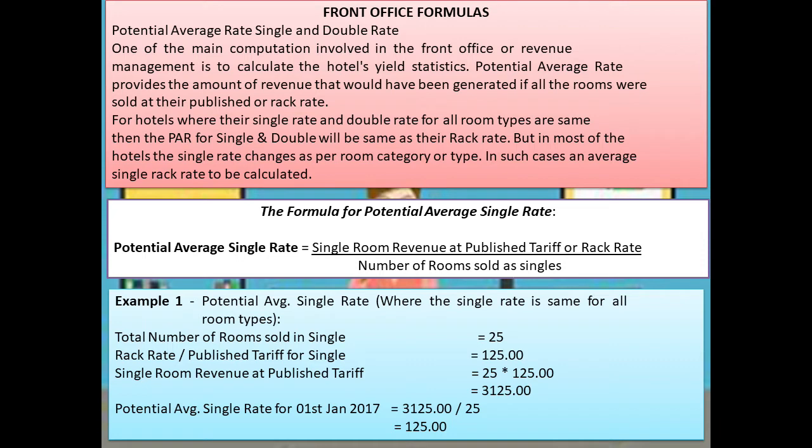The potential average single rate for 1st of January 2017 is equal to 3,125 divided by 25, which is the total number of rooms sold as single. That will be equal to 125 only.